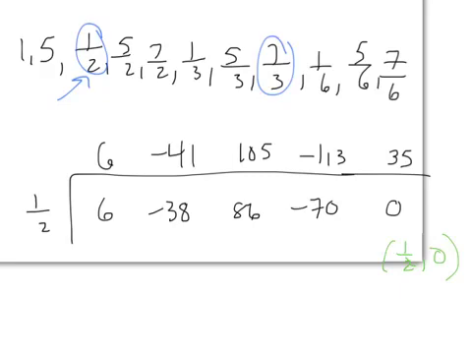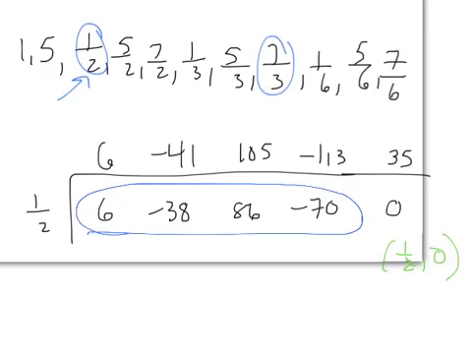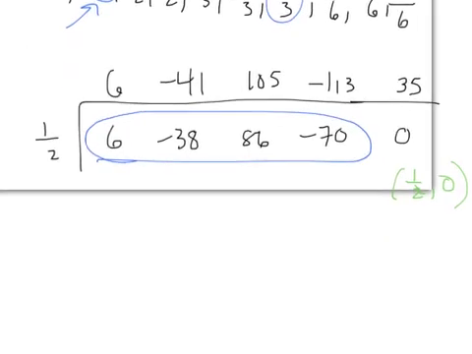So if we go back to our calculator, again, we saw that 7/3 is the other choice. So let's try 7/3. And I'm going to try it in the depressed equation. What that looks like is the following: 6x to the third power minus 38x squared plus 86x minus 70.